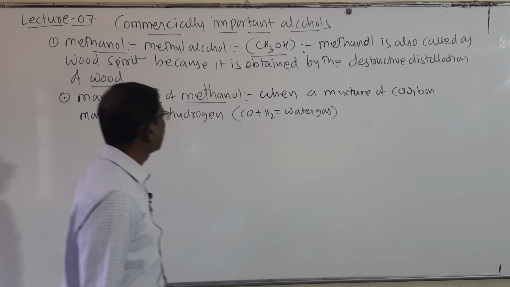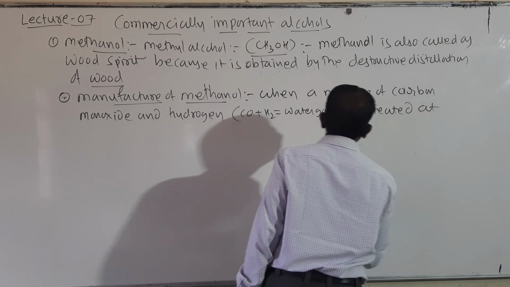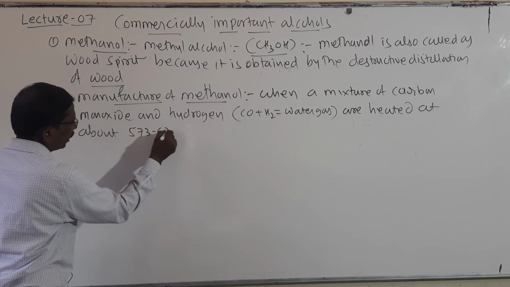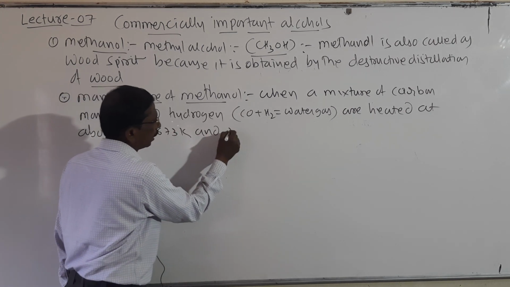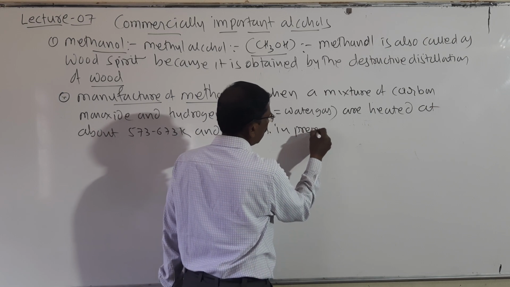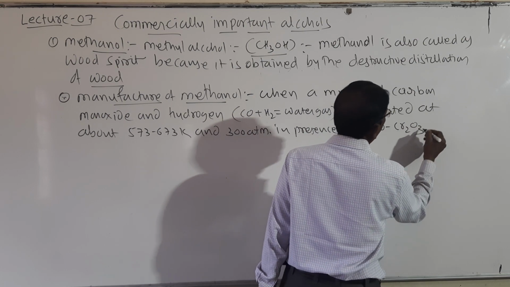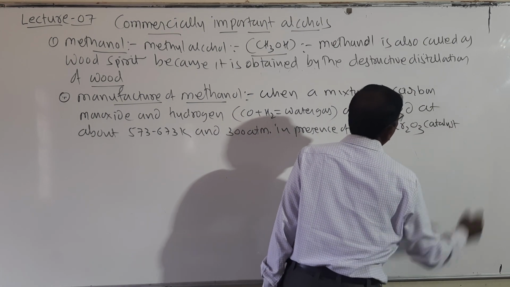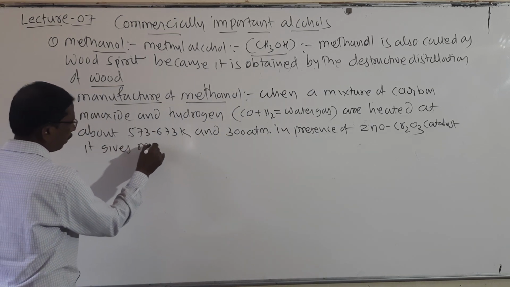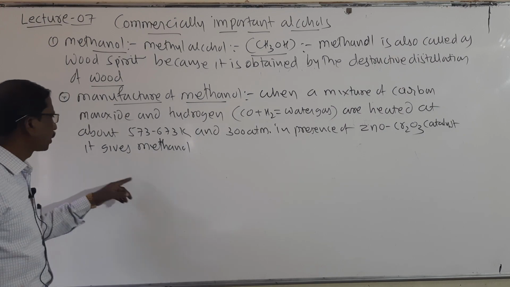When it is heated at about 573 to 673 Kelvin and 300 atmospheric pressure, in presence of zinc oxide and chromic oxide catalyst, it gives methanol, that is also called methyl alcohol.